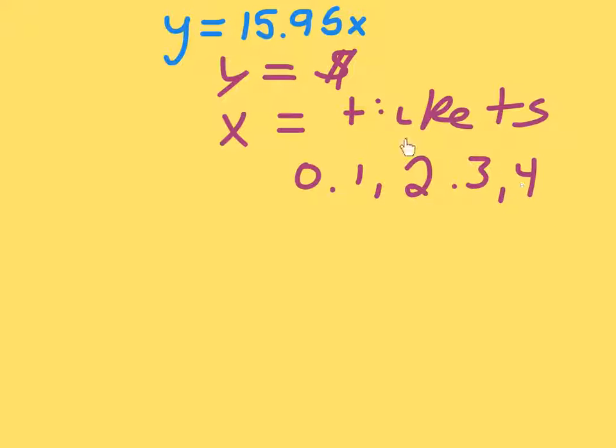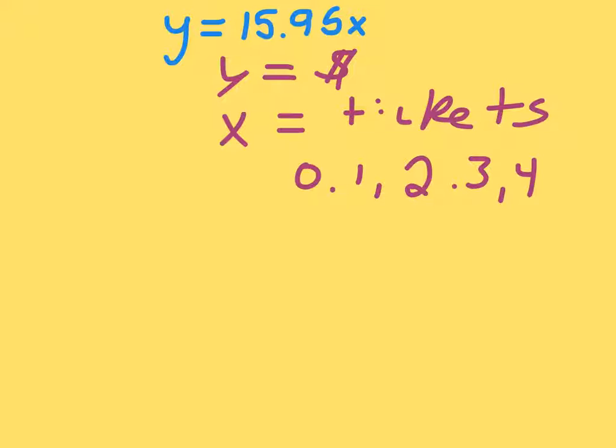And we know that they're tickets because the problem says that x stands for tickets. Then the last part is that it wants us to tell whether the domain is discrete or continuous, and then explain. So let's tackle the easiest part first.